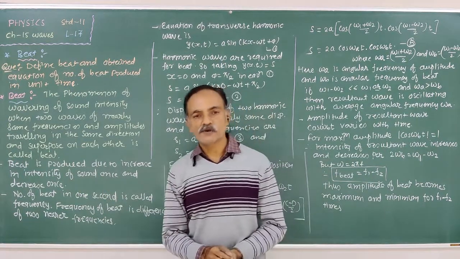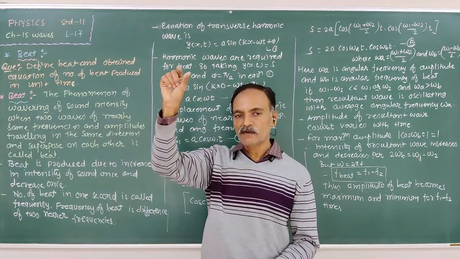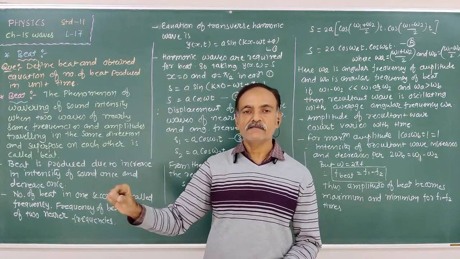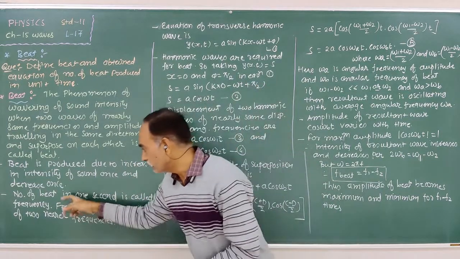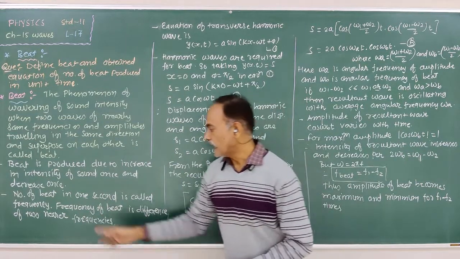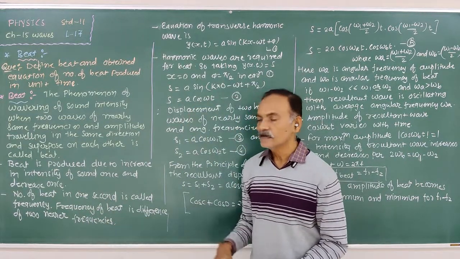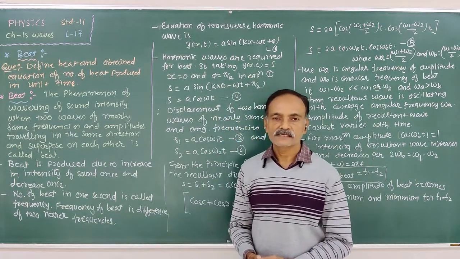So how is the beat produced? If once the intensity of the sound becomes maximum and then minimum, one beat is produced. Number of beats in 1 second is called frequency, and frequency of the beat is the difference of the near frequencies.